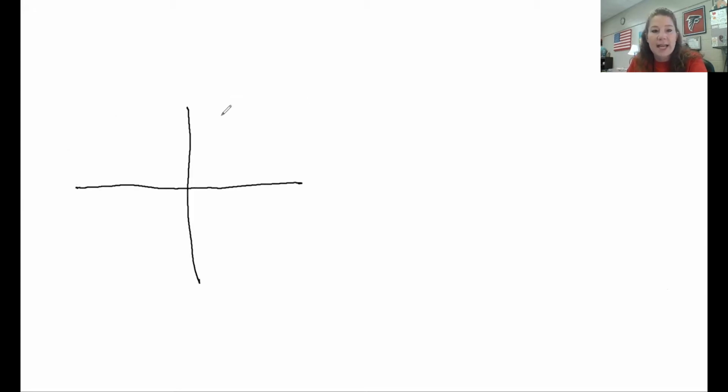Let's say we have a triangle over here in quadrant 1, and this is A, this is B, and this is C. 1, 2, 3, 4, 5. And then 1, 2, 3, 4, 5, 6, 7. Oh, that's terrible. These should be exactly the same distance apart, and obviously they're not.